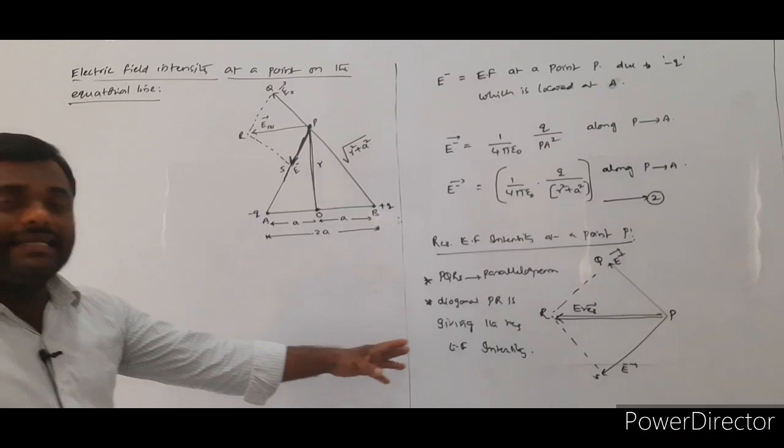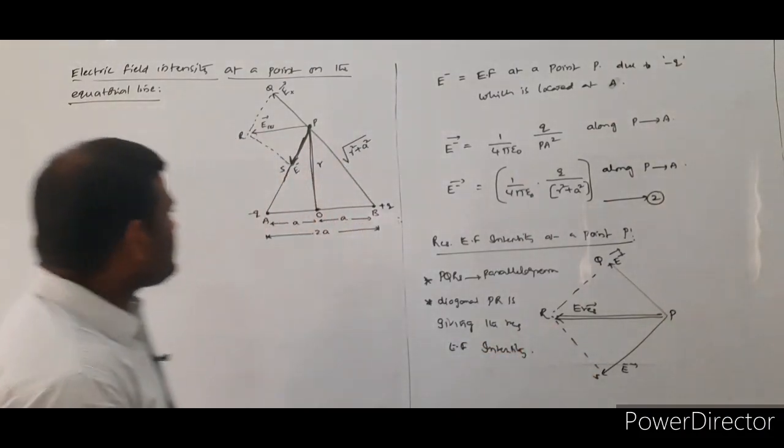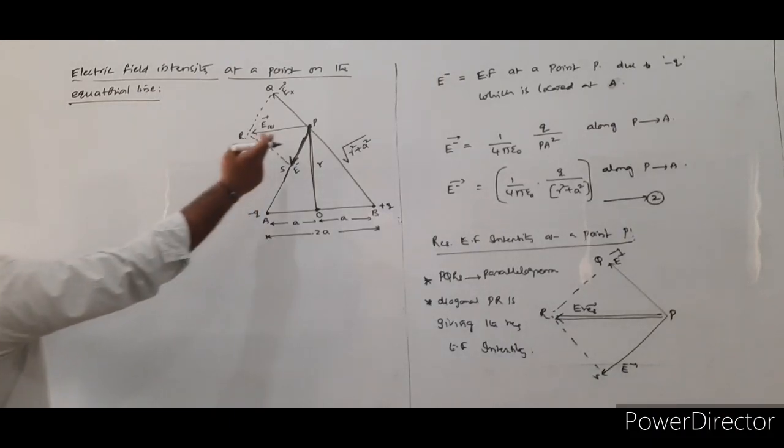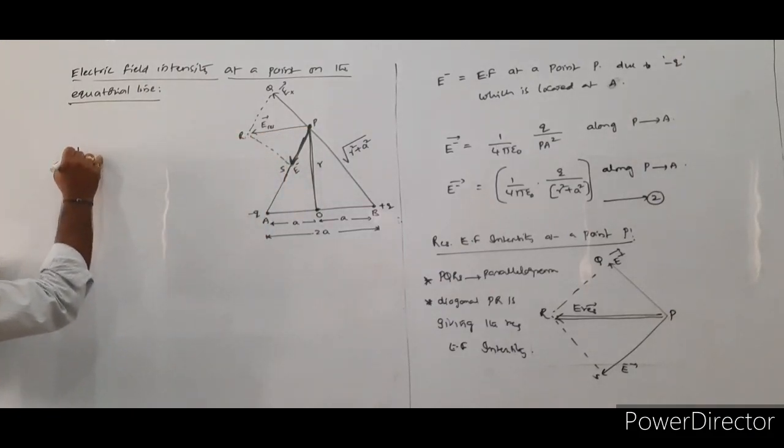By applying the triangle law of vectors, here we can write that E resultant will be representing along the diagonal.